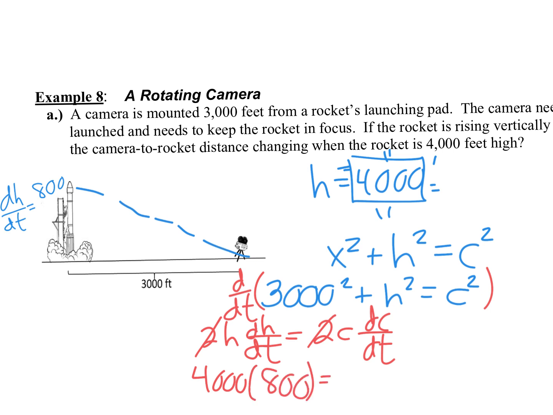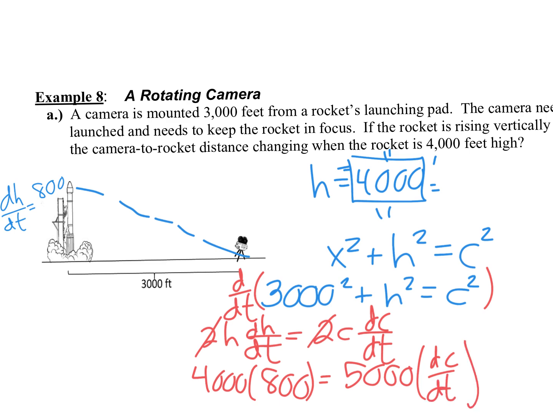And C, can we find C with a little bit of simple math here? Tell me what C is, guys. With 3,000 and 4,000, isn't it a 3, 4, 5 right triangle? What would be the hypotenuse? 5,000. And we're looking for dC/dt.